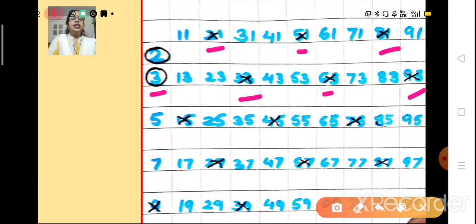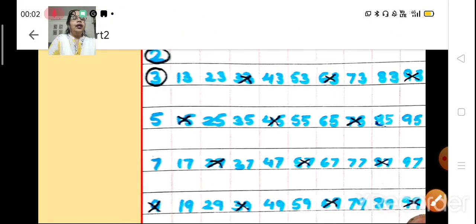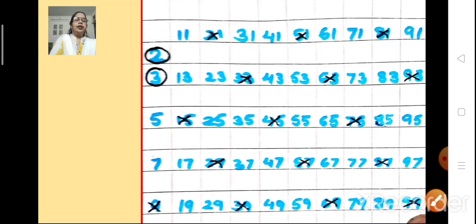These are all multiples of 3 which we are crossing out: 15, 45, 75 and then 27, 57 and 87 also. And there are more numbers like 39, 69 and 99. These numbers also we have crossed out.